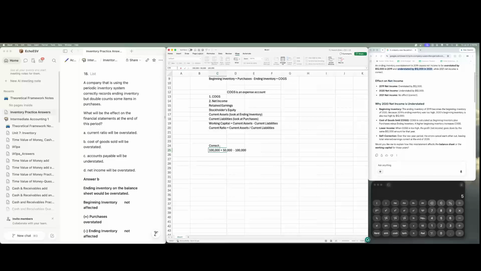If it doesn't say otherwise, you can assume it's going to balance each other out. They double counted some purchases, so let's say 75,000, and then 50,000 for ending inventory, because ending inventory was actually correct.